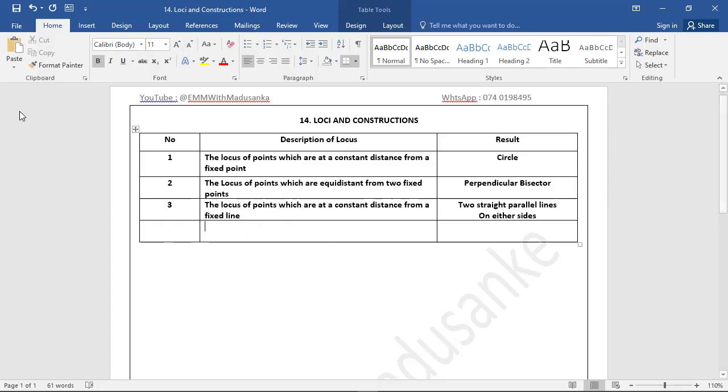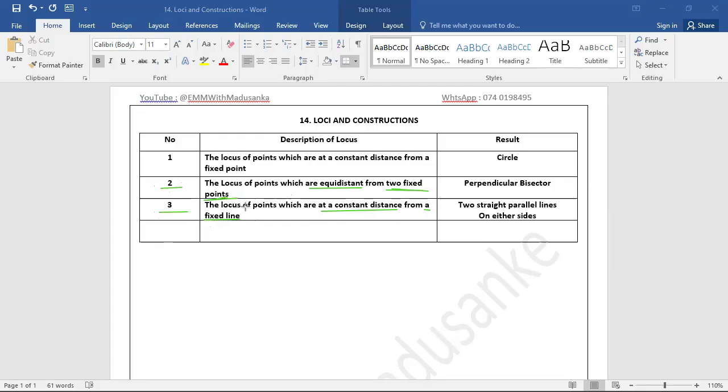Right? Difference is this. Can you see this? The locus of point is equidistant. That means a constant distance, and a constant distance is equidistant. Same thing. Right? Here you have two fixed points, but here you have a fixed line. Don't apply the second one and the third one.